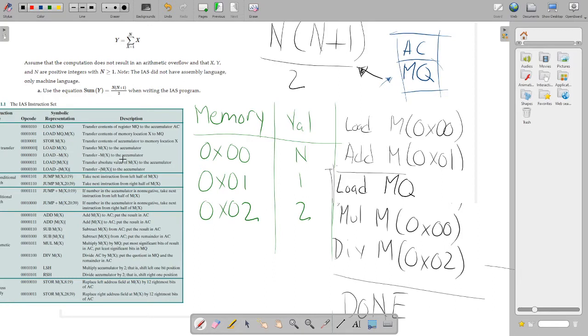Oh wow, yeah, we'd have to go through a separate thing, right? So yeah, store and load. Yeah, dang, we have to do that, huh? MQ to the accumulator. I guess I should have read this more in depth.